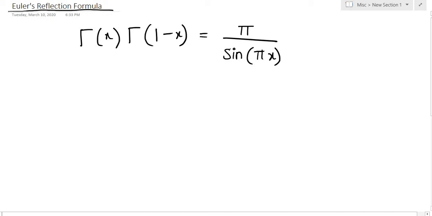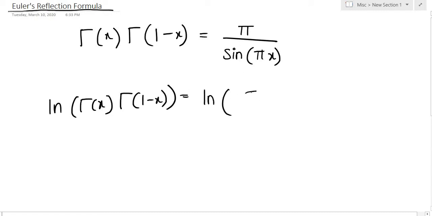Yes, it's a really beautiful formula. Now, what if we were to take the natural log on both sides? Say we have the natural log of the gamma of x times the gamma of 1 minus x being equal to the natural log of pi over sine of pi x.